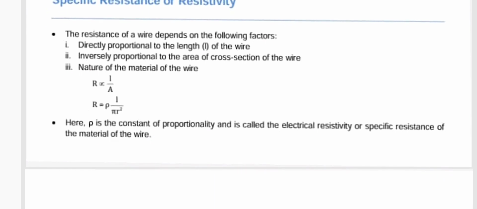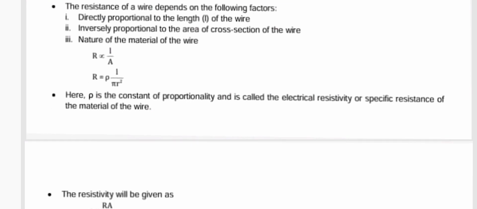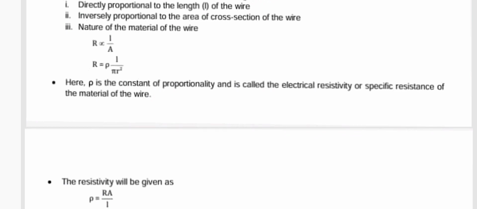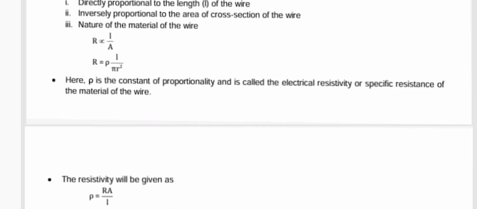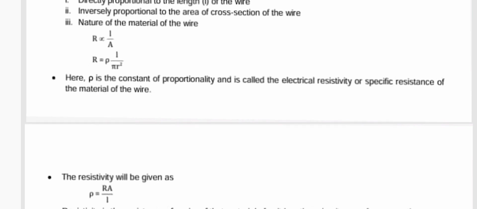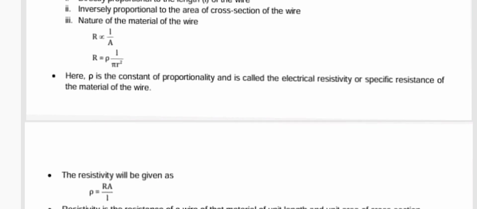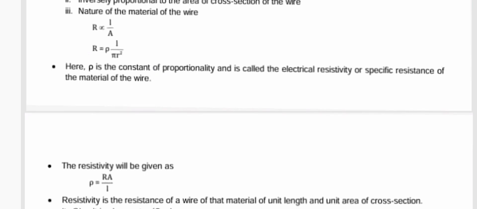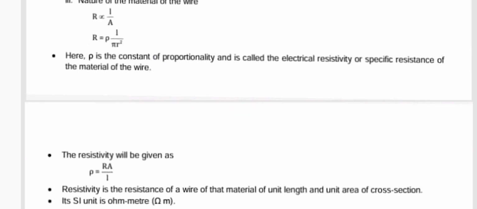So R is inversely proportional to the cross section of the wire, and hence R equals rho L upon A. Rho is the constant of proportionality, and it is called the electrical resistivity or specific resistance of the material of the wire.